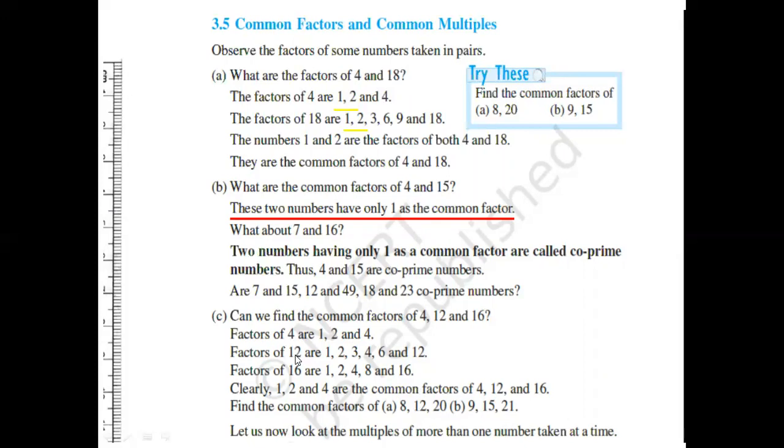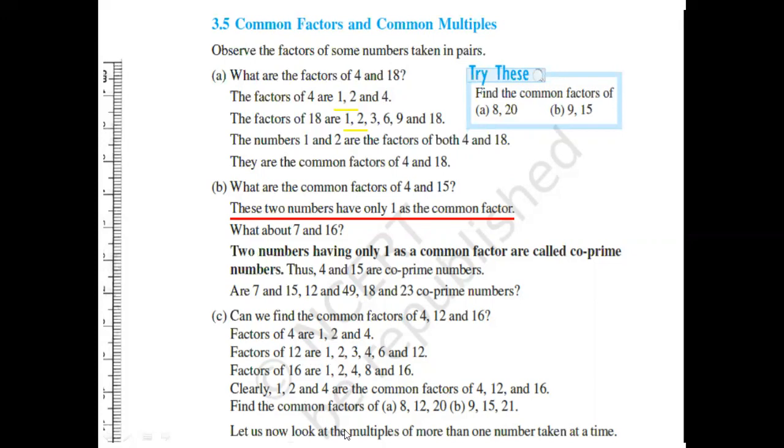In factors of 12, we again find 1, 2 and 4. In factors of 16, we again find 1, 2 and 4. So we can say 1, 2 and 4 are the common factors.